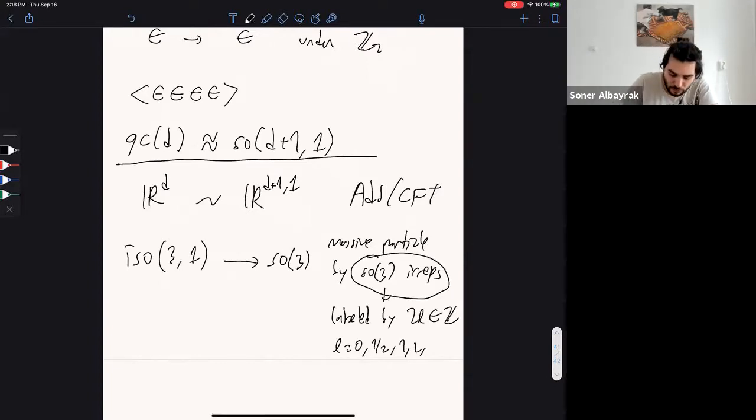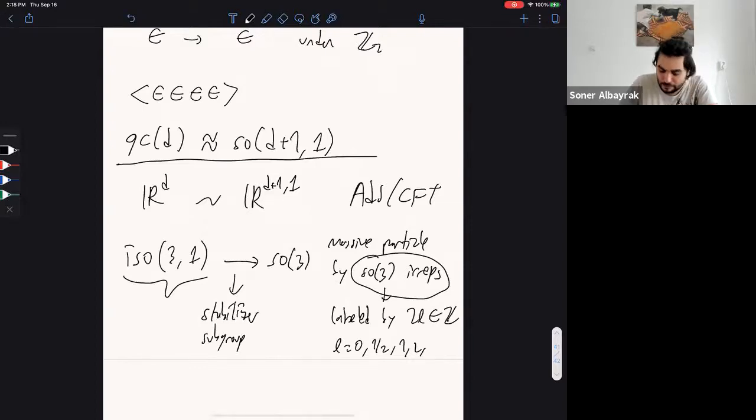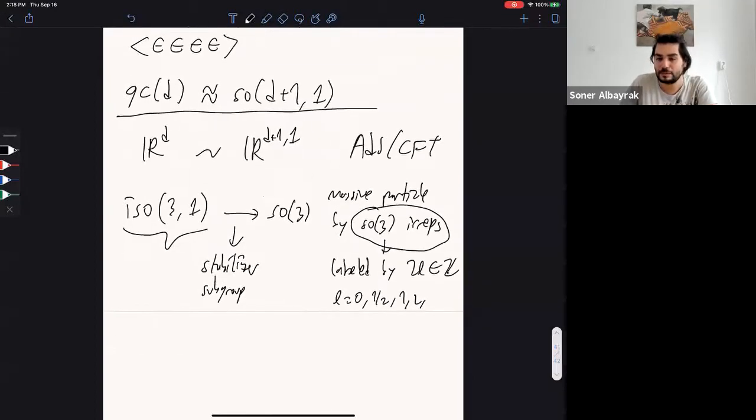And this is because, even though we are in 4 dimensions, this is the stabilizer subgroup. So you need to know the stabilizer subgroup to label particles, objects, or operators.